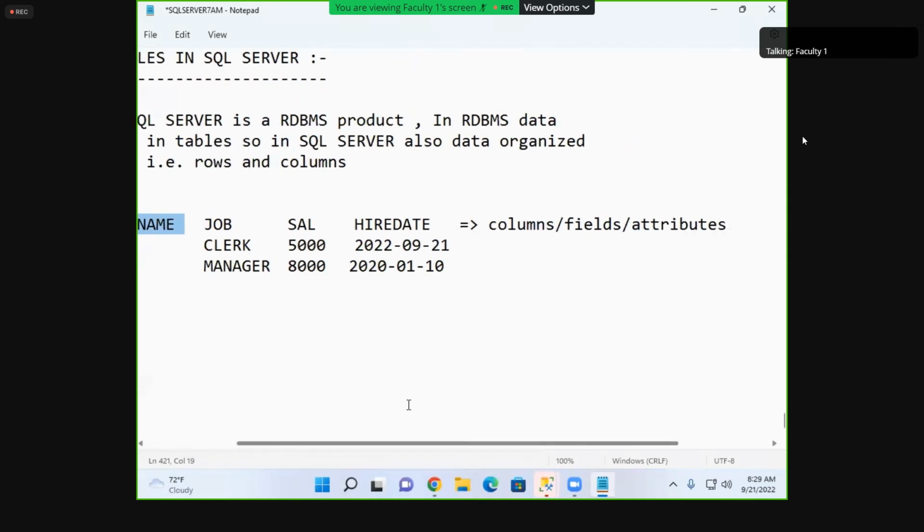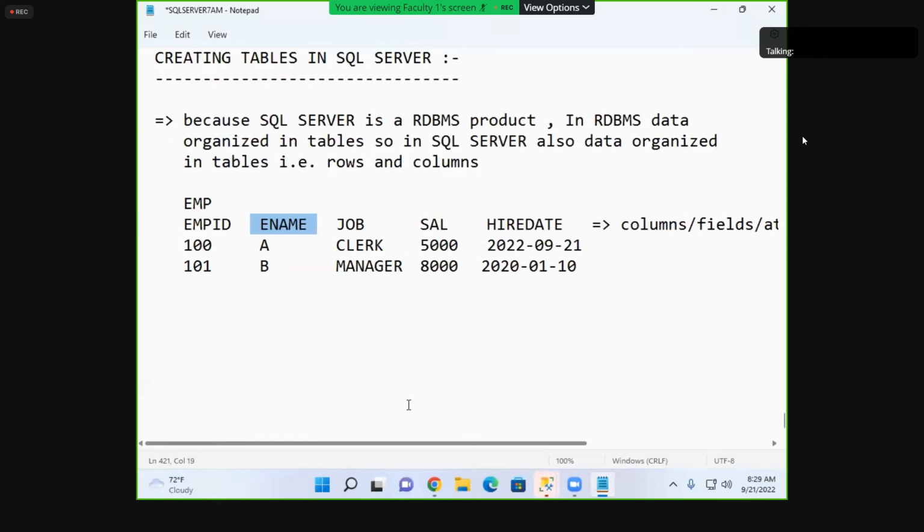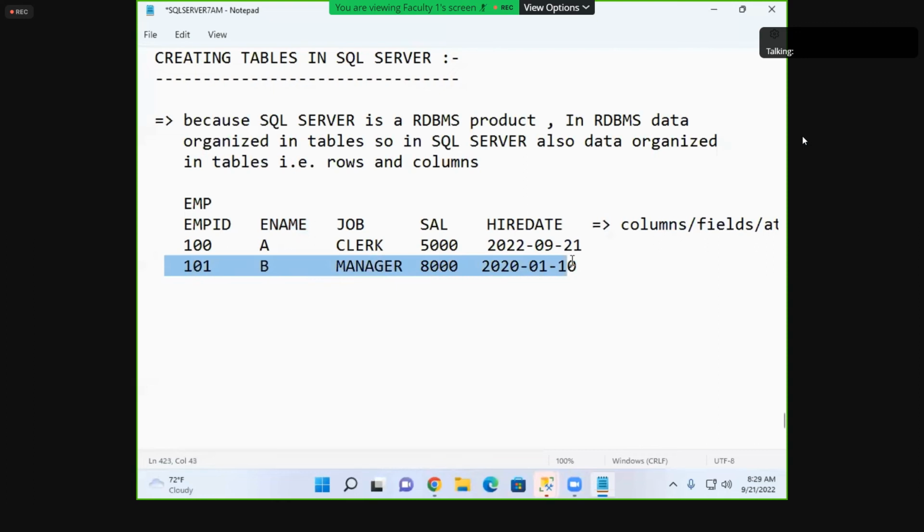In this, how many columns are there? 5 columns. Okay, now how many fields? 5 fields. Column, field, attribute. But usually we call them fields. Next, what are these horizontals called?